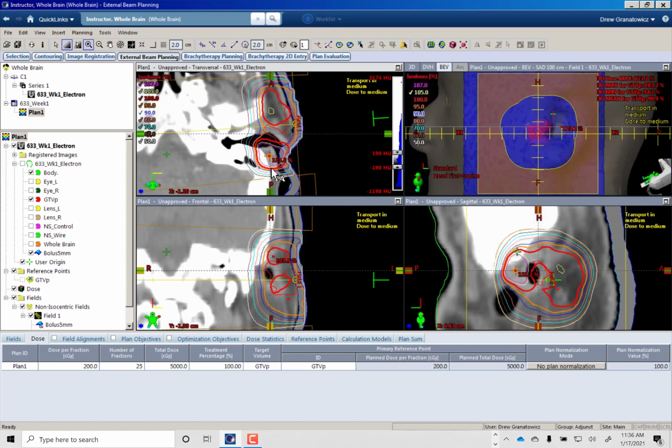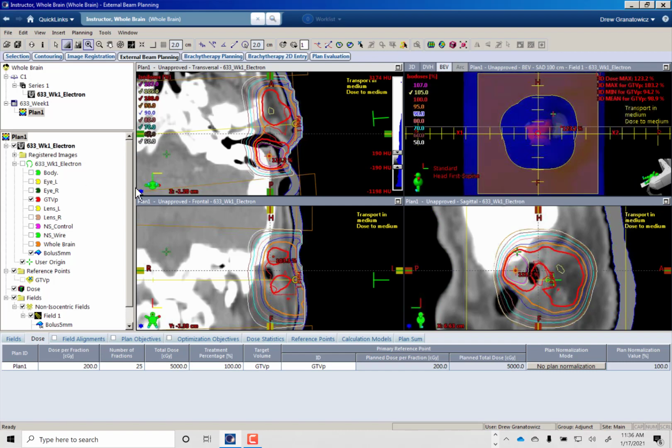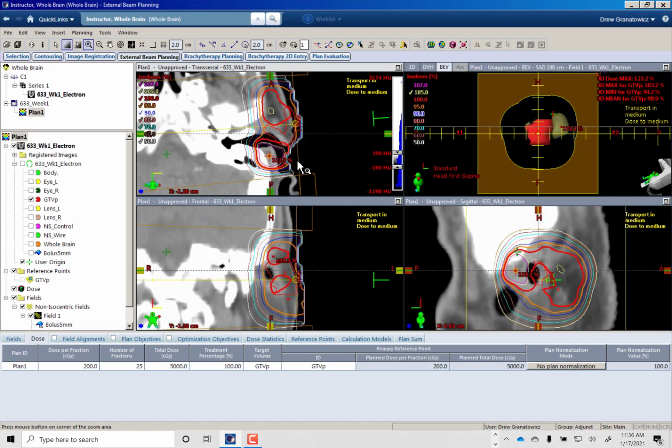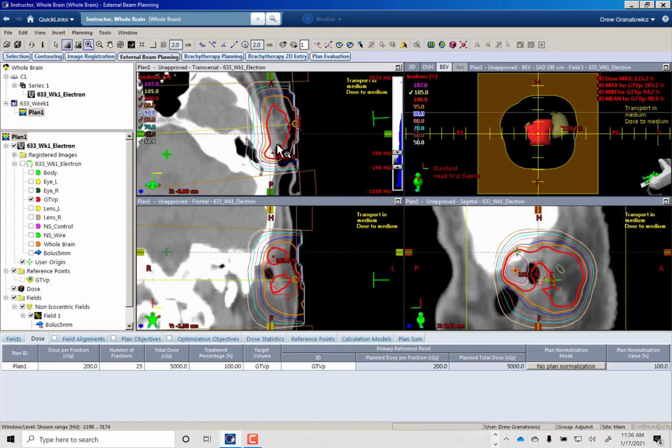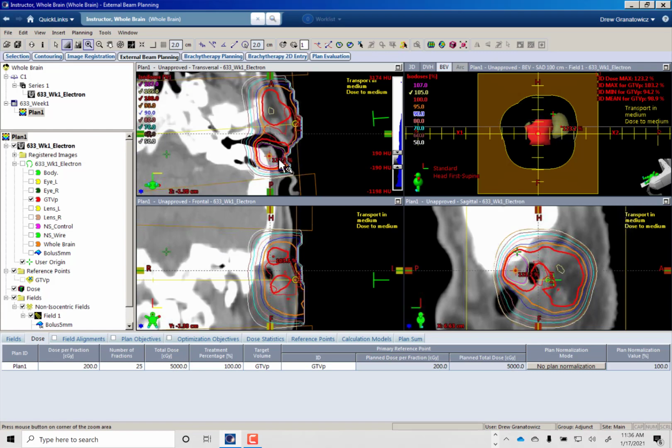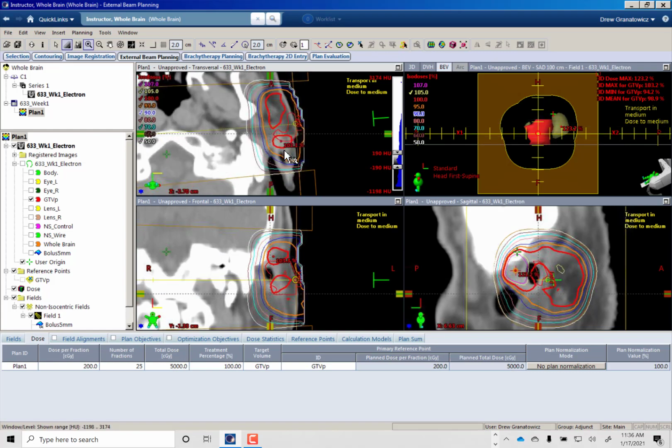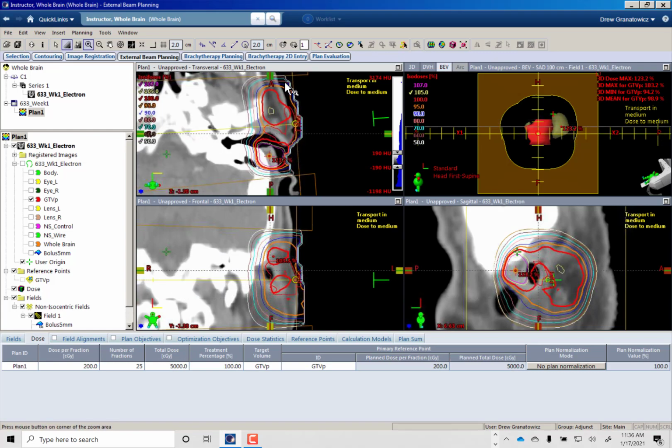For our case, since this is just practice, we're just going to leave it. But what I could do is, maybe we can put wet gauze inside of his ear, so we can contour out that right here and override the density and then include it in the body, so our bolus will be a little bit flatter and it'll kind of fill in this indentation and cool our plan down a lot.